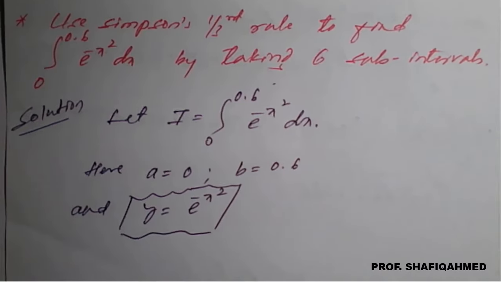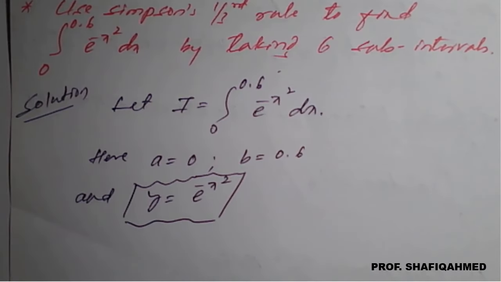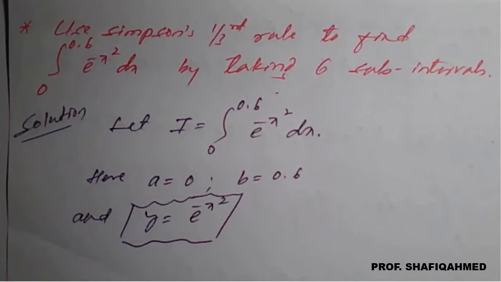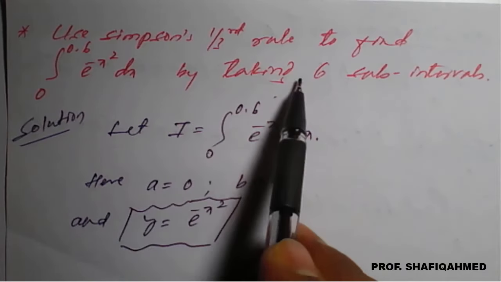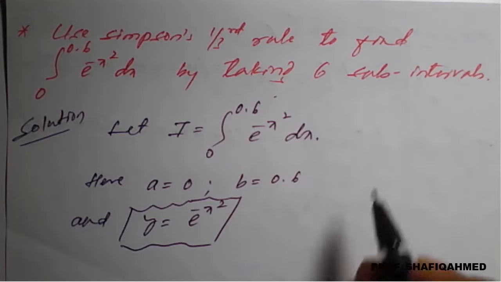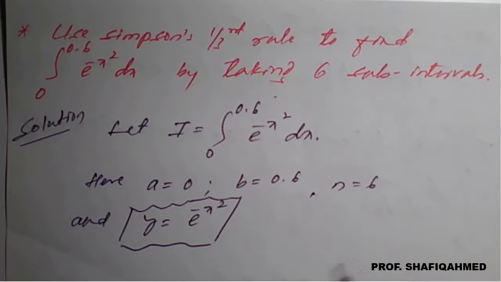Once we get this, we need to work out n first. They have said by taking 6 subintervals, so here the n value is 6.